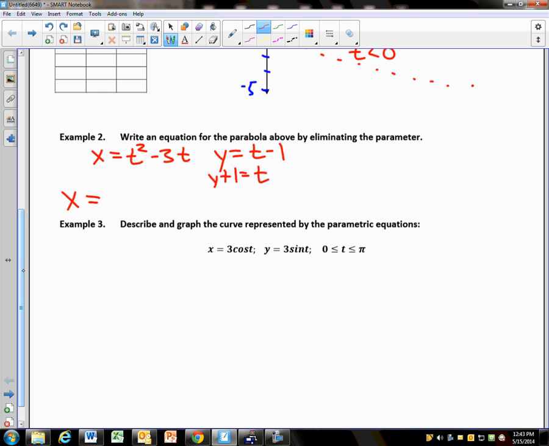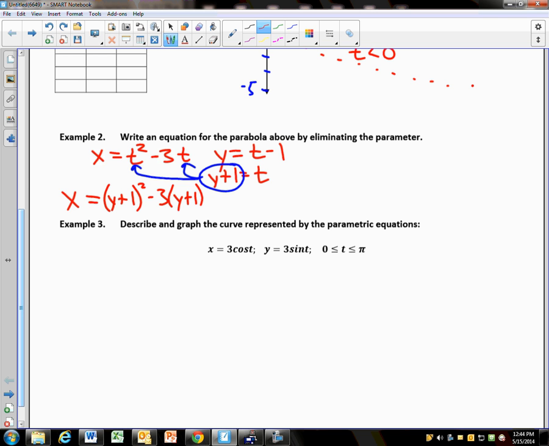I'm going to take this t equals y plus 1, and I will place it right there. Now I will no longer have a t variable. I will only have x and y.